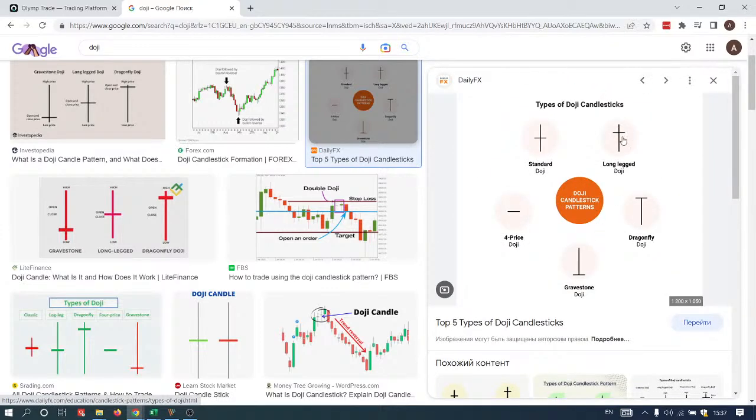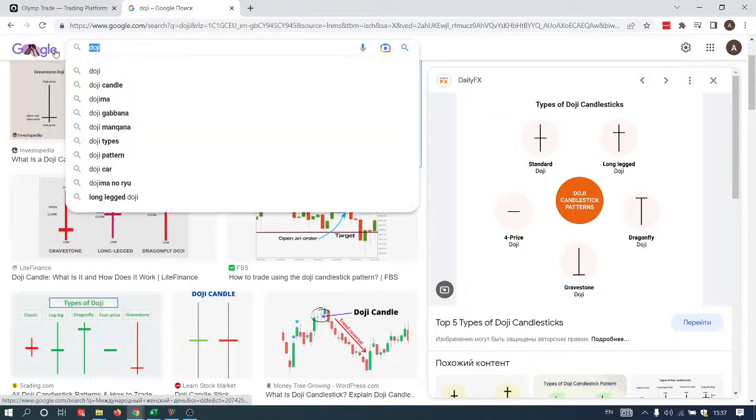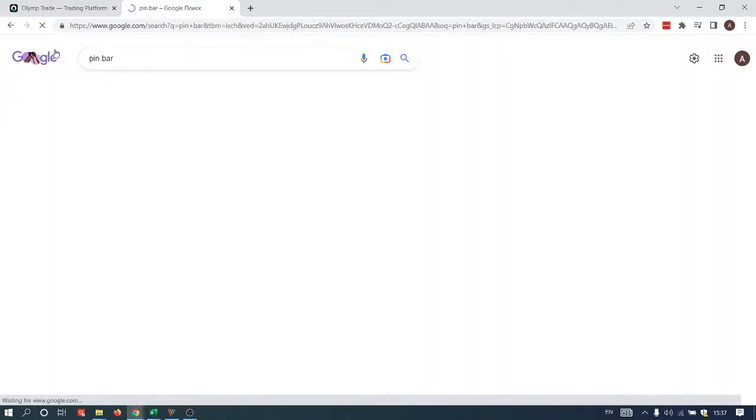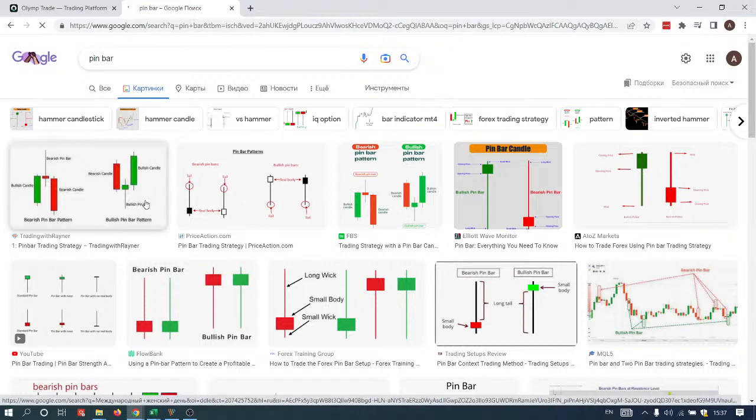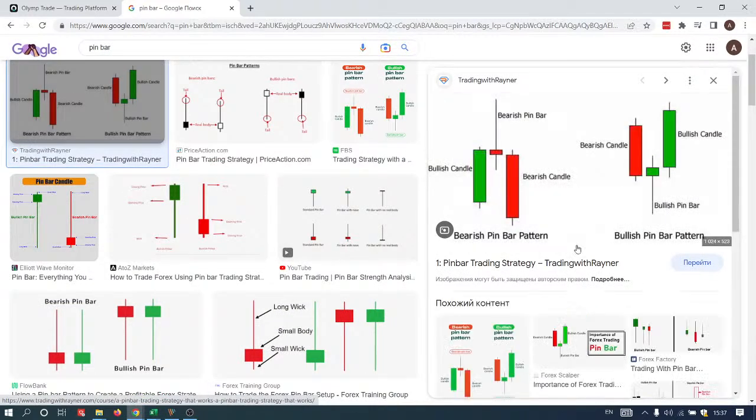I usually follow just the basics: here is the doji, and the second most important candlestick is a pin bar. That's pretty much the same kind of doji, but with a bigger candlestick body, and a pretty big shadow or wick, which points up or points down.